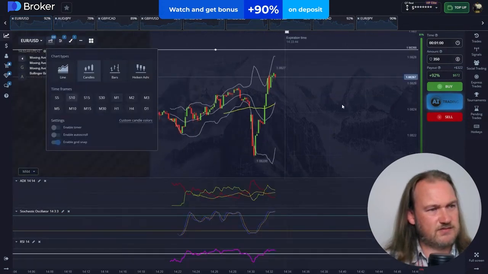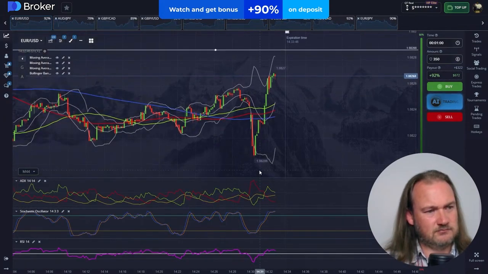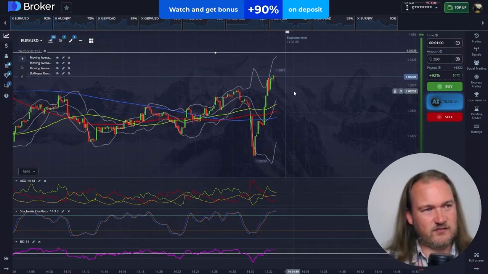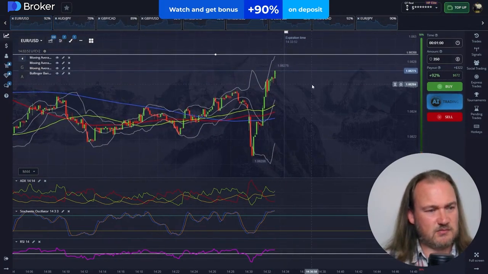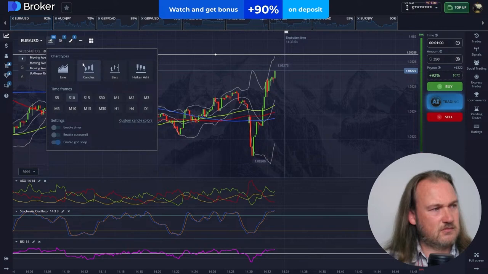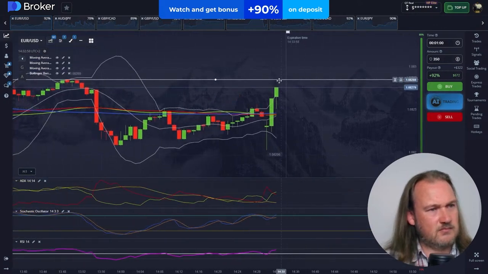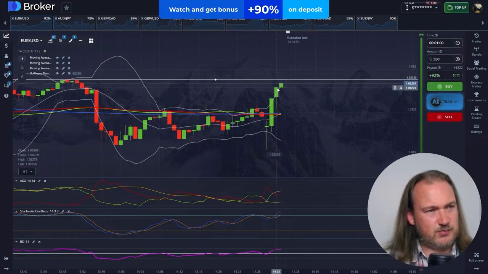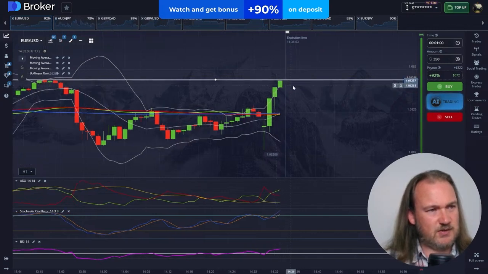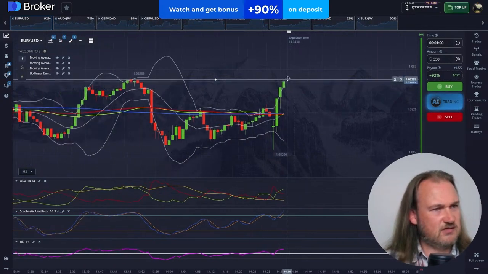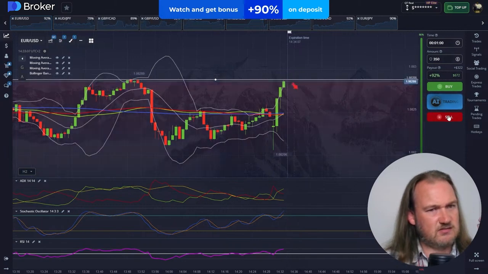Back to 10 seconds. Okay, so this is fairly difficult to read at the moment. I think if this pushes up, we might be able to risk a sell trade here.